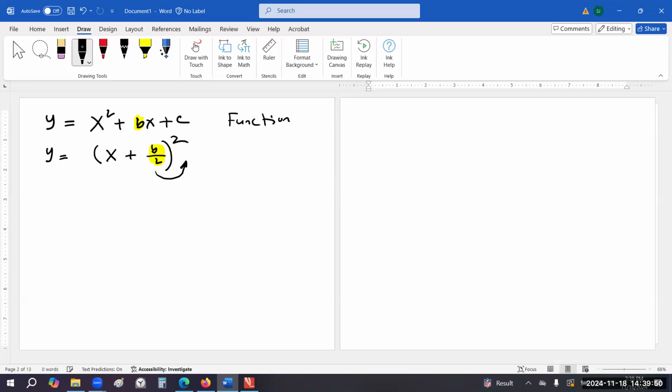Since we added this amount here, we always subtract the same amount with the square outside of the completed square. So we do it twice, once with a square inside, once without a square outside. And we bring down our constant. Then you combine these, and whatever you get, that's your k. Okay.